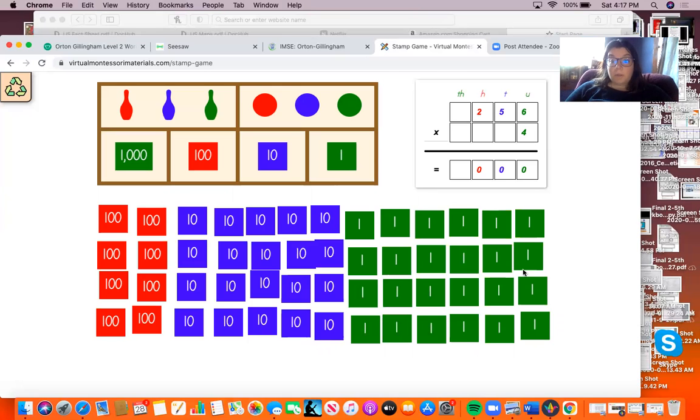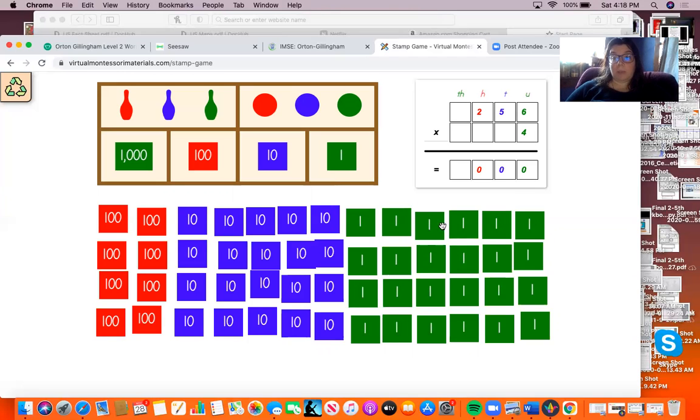So we always start with our units. We can skip count to help this along. If you can skip count by 4s or 6s, if you skip count by 4s, then make sure you're going up and down. If you skip count by 6s, you're going by rows here. So if we want to skip count by 4s, we have 4, 8, 12, 16, 20, 24.